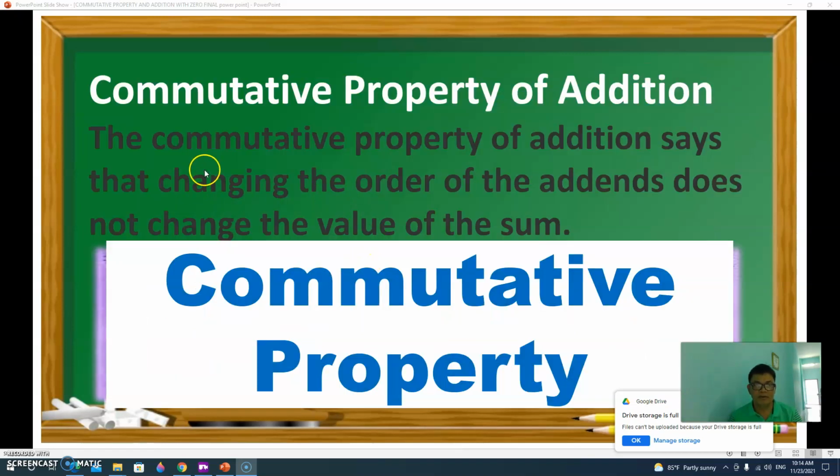The commutative property of addition says that changing the order of the addends does not change the value of the sum.